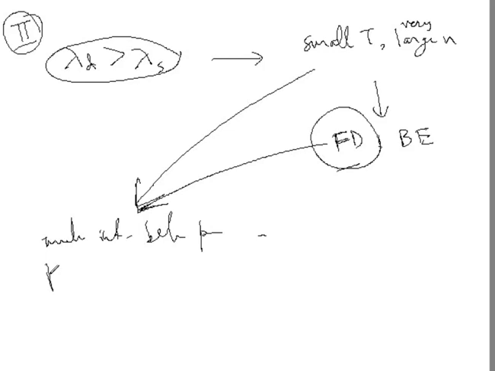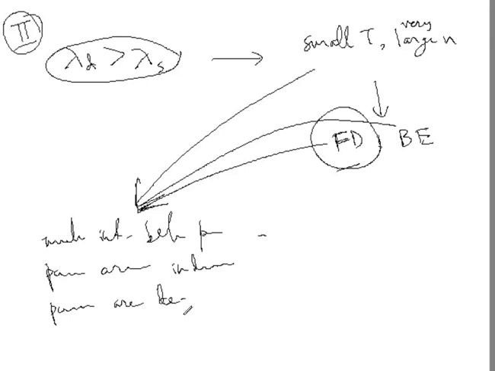Also we can say that the particles are indistinguishable. This is true for Bose-Einstein statistics as well, and also the particles are degenerate. When I say particles are degenerate, this means, because of this condition, their wave functions now start becoming overlapping with each other.